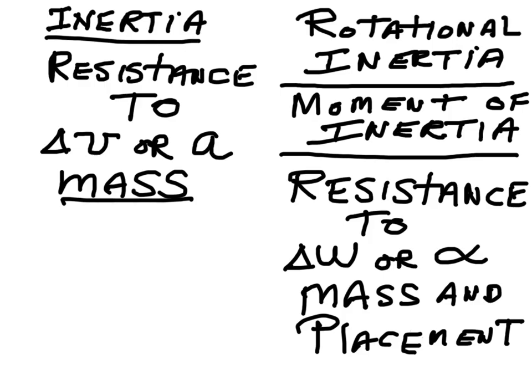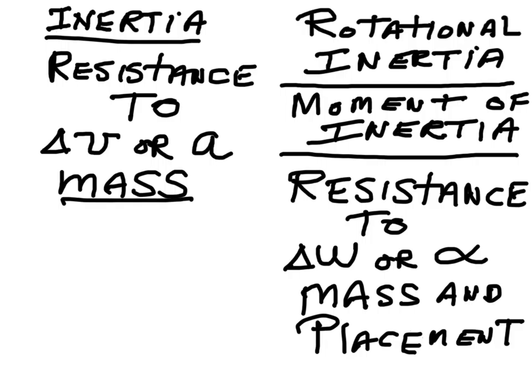Okay, this is what you should have written down. Recall that inertia is resistance to change in velocity or resistance to acceleration, and that mass is a measure of an object's inertia. It's directly proportional to the mass of the object. It's actually equal to the mass of the object.